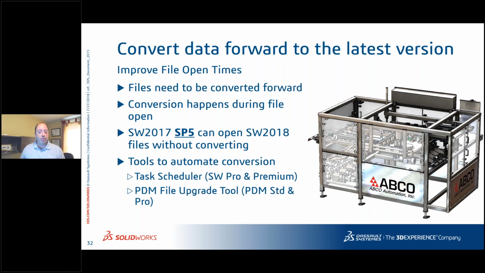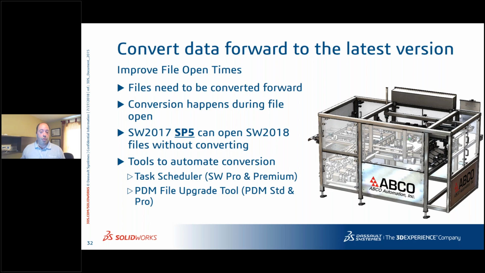Now, there are tools also to automate the conversion process. If you just open something and save it, it's going to convert it once it's saved. But if you don't want to have to do that manually, you can also use two tools. There's actually the task scheduler. If you have SOLIDWORKS Professional or Premium, there's a task scheduler you can use to automate that process.